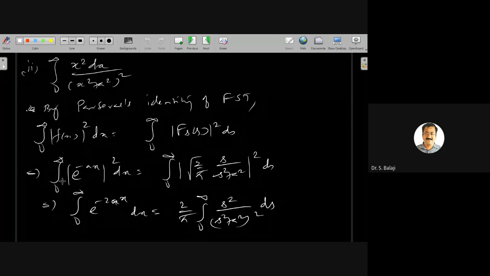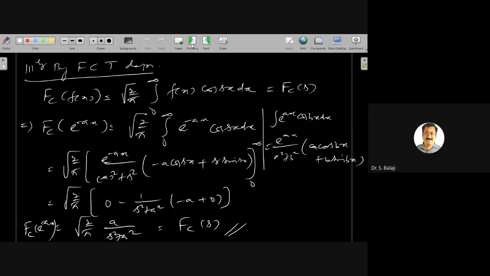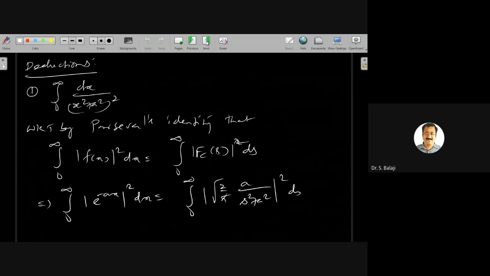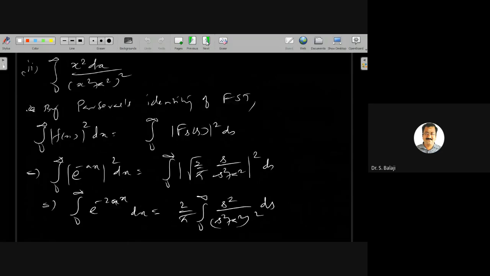That can be written as integral 0 to infinity modulus of e power minus ax square dx equals integral 0 to infinity of (root of 2 by pi, s by s square plus a square) square ds.